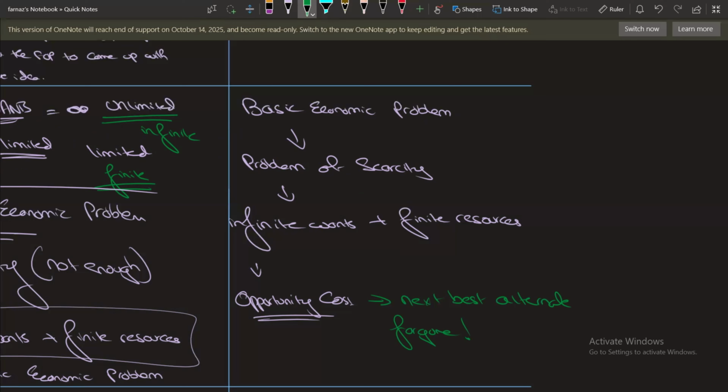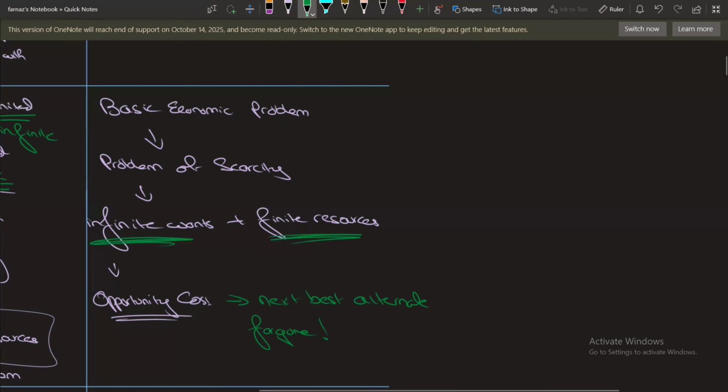And why do you need to forego anything? Because you have infinite wants and finite resources. So for example, if I have two choices. Either I can build a school or I can build a library. I have $1 million of funds. Okay, listen to me carefully. In $1 million, I can either build a school or a library.